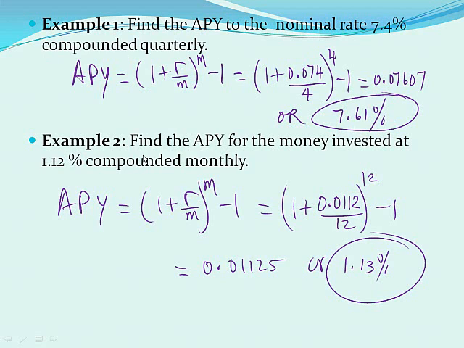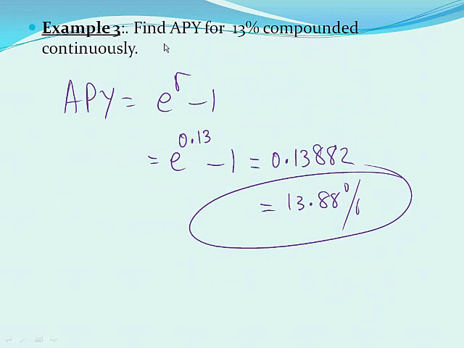In the second example, the interest is compounded monthly, 1.12% compounded monthly. So that is comparable to an annual percentage yield of approximately 1.13%.